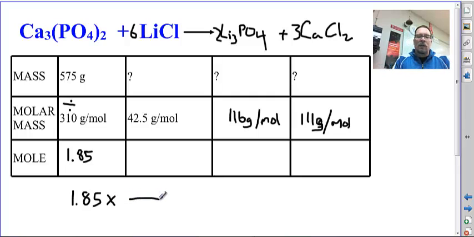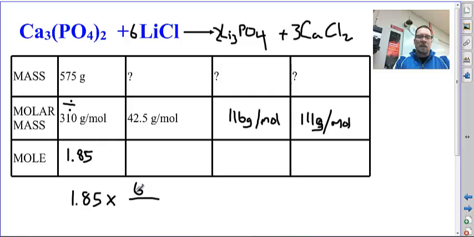What is the ratio of lithium chloride to calcium phosphate? I'm going to use the coefficients here to set up my ratio, because we know this is always a 1:6 ratio.